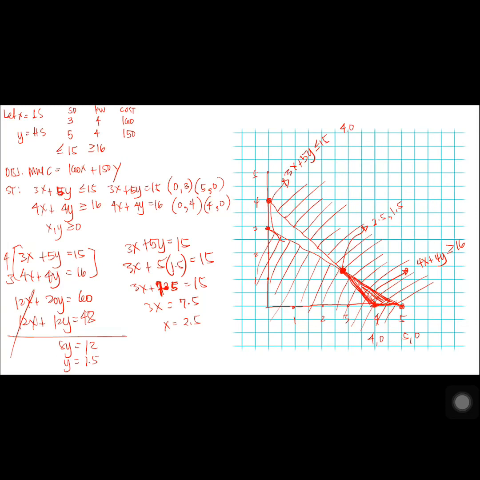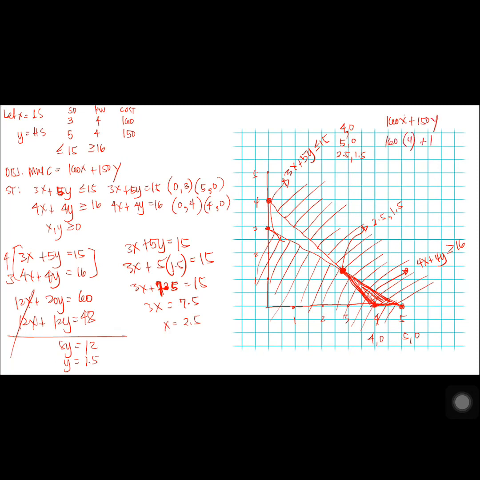We have the points 4, 0, 5, 0, and 2.5 and 1.5. The objective function is 160x plus 150y.